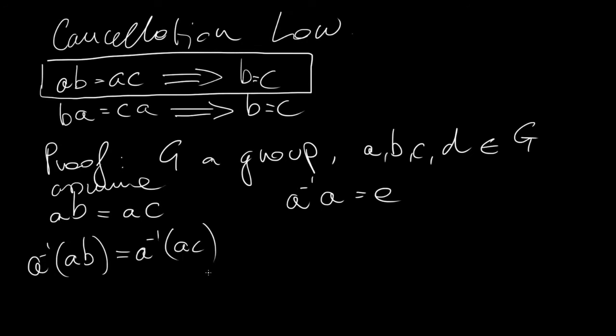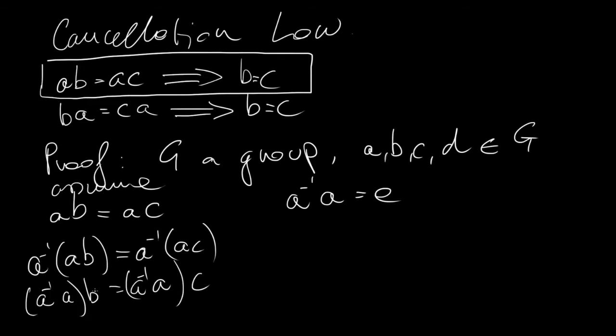Now remember that since G is a group, the associativity property is guaranteed. The associativity property means that we can move parentheses around. So this becomes A inverse A B is equal to A inverse A C.